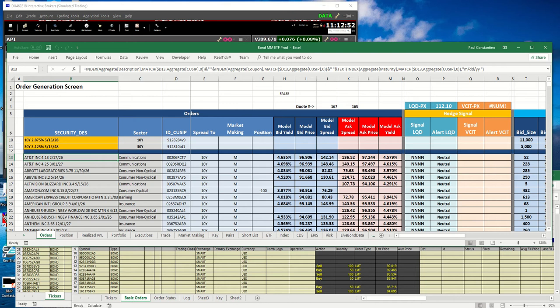And so what this model does is it looks at each individual security and prices that security through the pricing valuation process of a professional trader. And that particular professional trader happens to be me. And so this uses my logic in determining whether a security is rich or cheap.